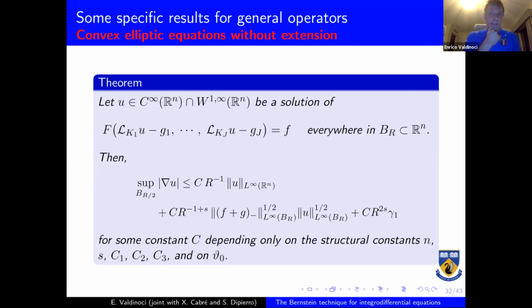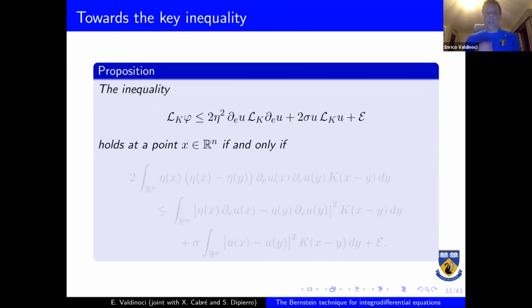And the result is again what you expect at this point. You have a first derivative bound for the solution. And again, finding the second derivative one-sided bound is an open problem. So I would like, probably I have some time at least, to show some details of the proof.